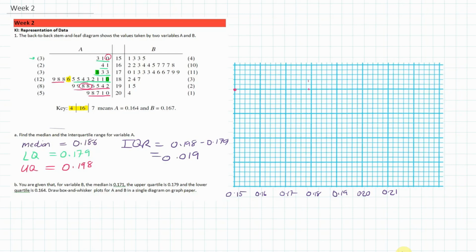So I'll draw my line there. I'm just doing this freehand, so it's not going to be perfect. Now the median, of course, we found to be 0.186, so that will be here. This is our median. And then our upper quartile is 0.198, which is here.